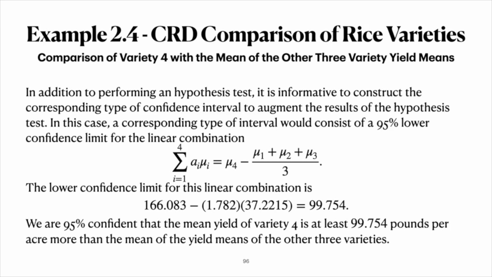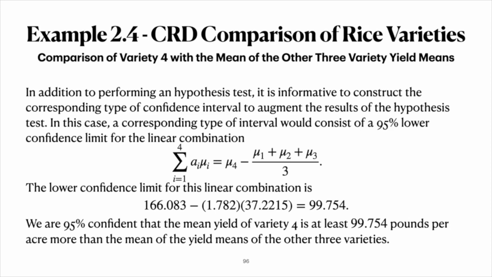So using this linear combination, the 95% lower confidence limit for this linear combination turns out to be 99.754. And so we can say that we are 95% confident that the mean yield of variety 4 is at least 99.754 pounds per acre greater than the mean of the mean yields of the other 3 varieties.